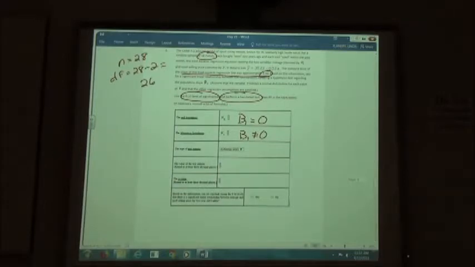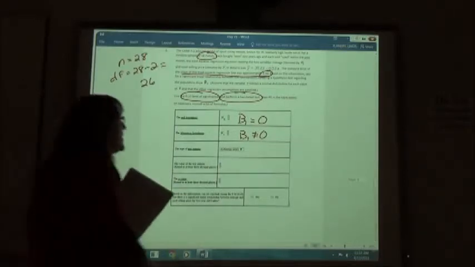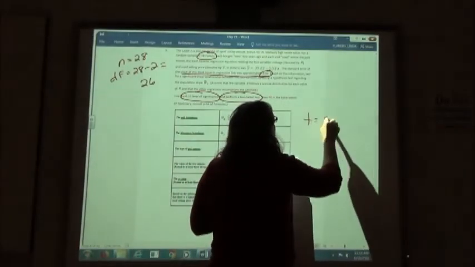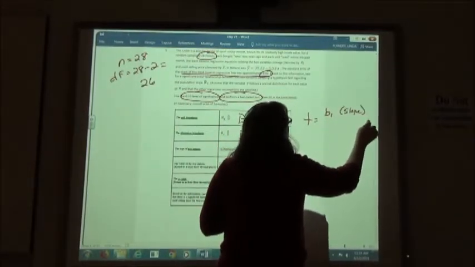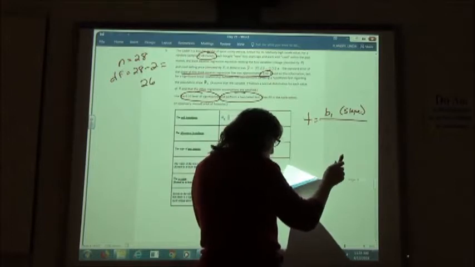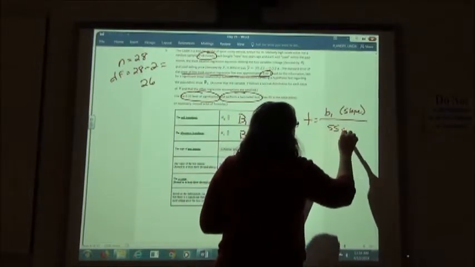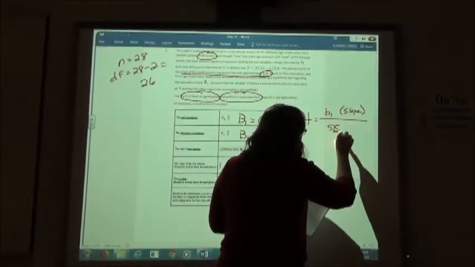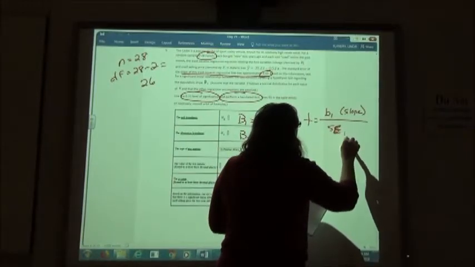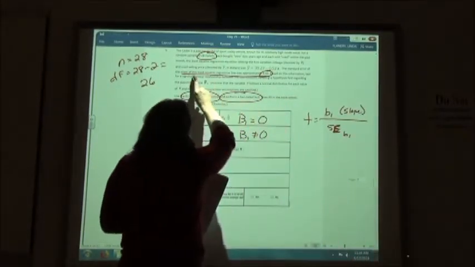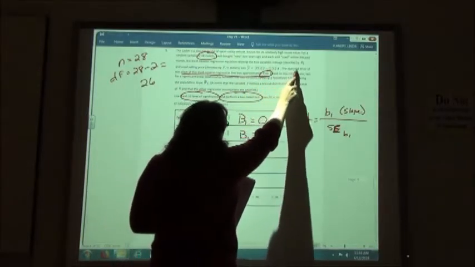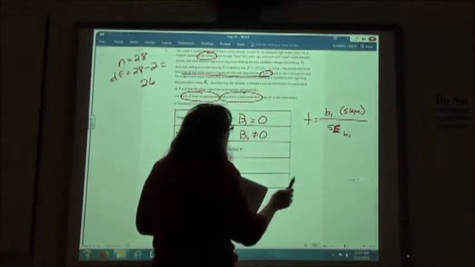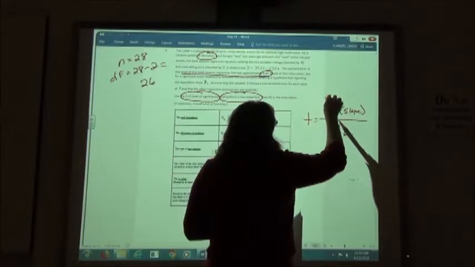This one again, since we're doing B sub 1, we just have our equation that T equals B sub 1, which is the slope of your regression equation, over the SE B sub 1, which gives you the standard error of the least squares regression, which is the 0.42.